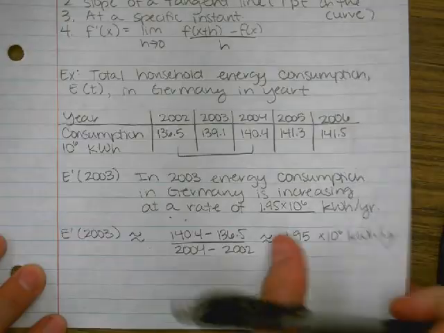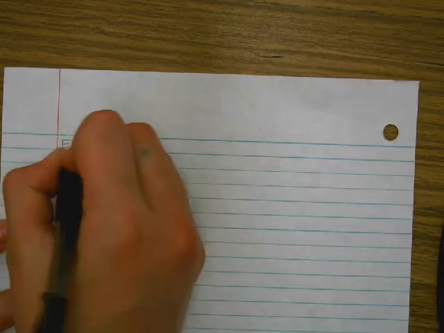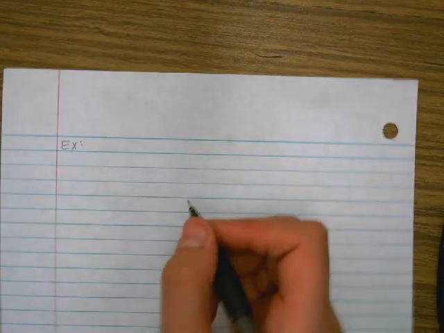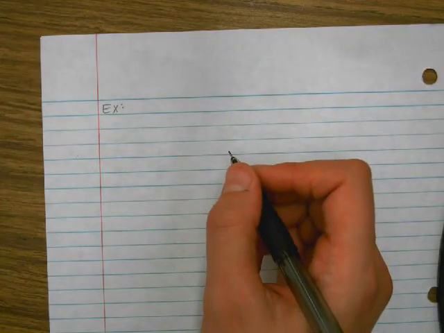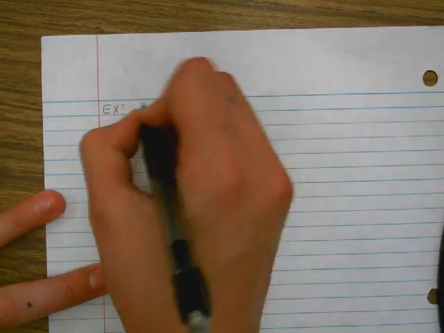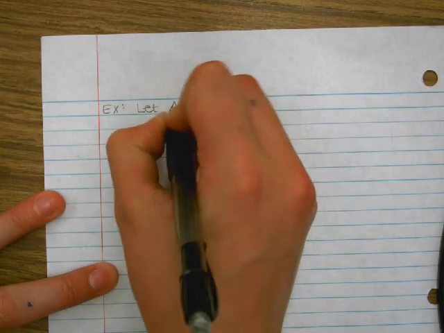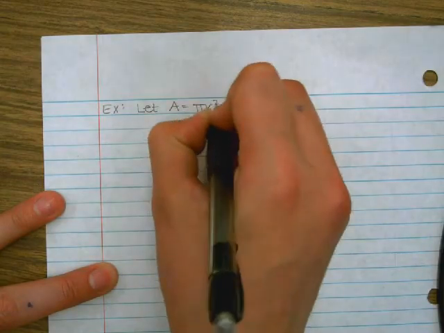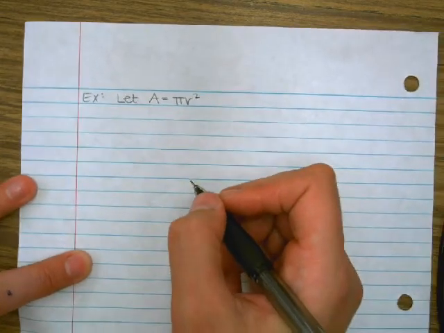All right, we're going to do one more example, just in using what rate of change might mean in the context of a problem that seems a little bit more calculus appropriate. So we're going to say let A equals pi r squared, and hopefully you're noticing that's the area of a circle.